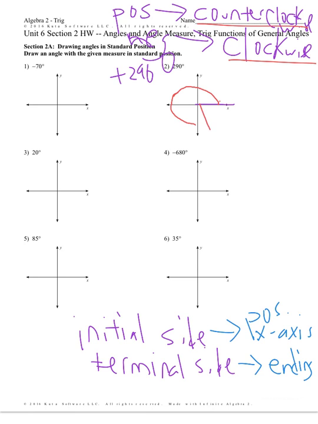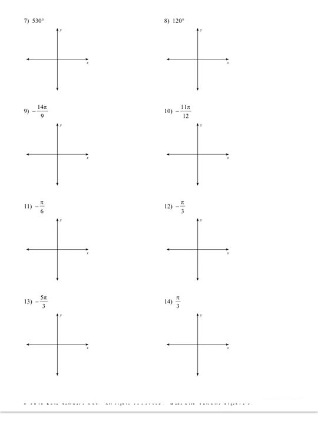So my terminal side is going to end up right about there. It's very important that you include this arrow to the terminal side. Then you should label the degree measure, so that is a 290 degree angle. And again, it's positive.